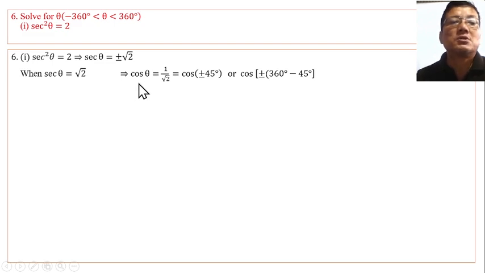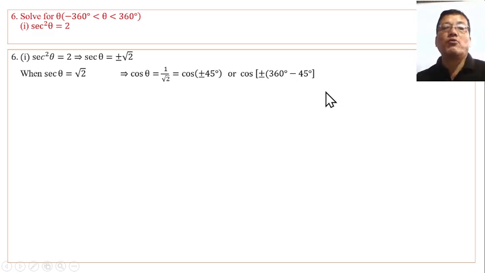Sec is 1 by cos, so 1 by root 2 is cos theta. Cos theta plus minus 45 degrees or plus minus 360 degrees minus 45 degrees. Cos is positive in the first quadrant.